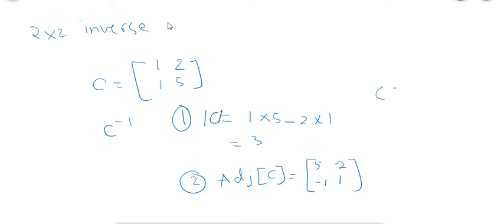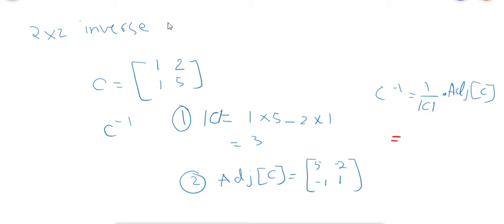So C inverse will be equal to 1 over the determinant of C multiplied by the adjoint of C. Now how do we multiply? This is why I told you the determinant should not be equal to 0, because if it is equal to 0, it will be infinity.